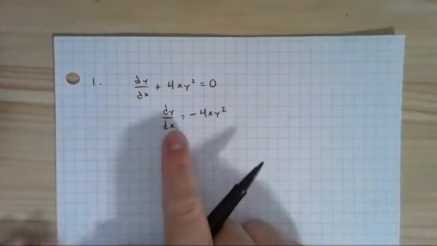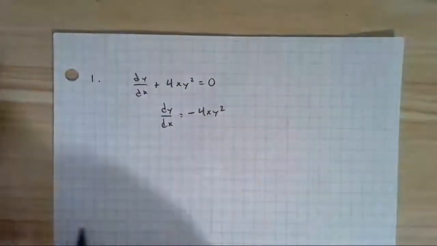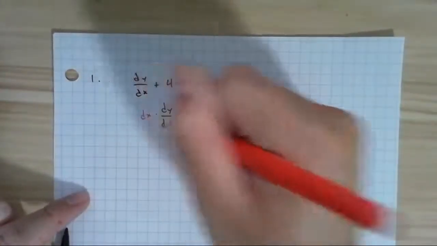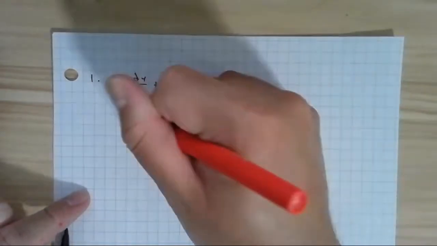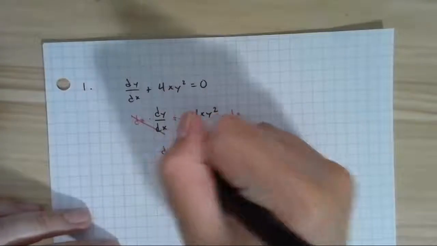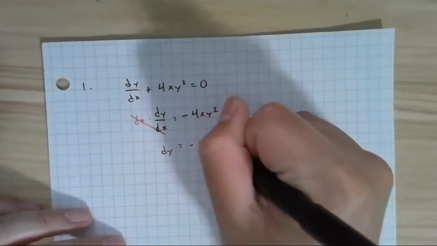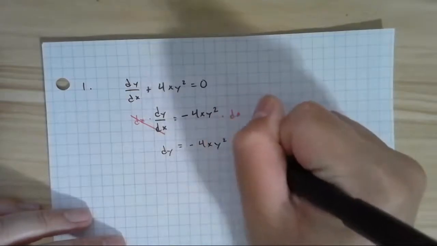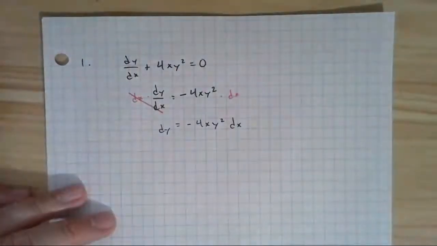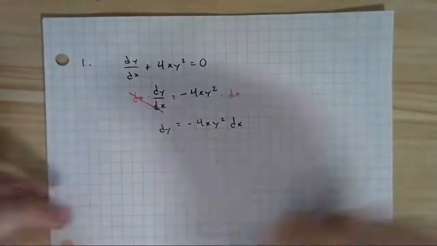Then what I'm going to do here is multiply both sides by dx. The dx will cancel there. And what that's going to do is I'm going to get dy is equal to negative 4x y squared dx. And lastly, I'm going to divide both sides by y squared.